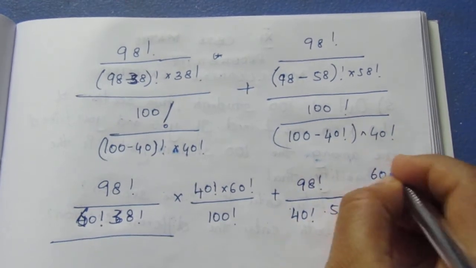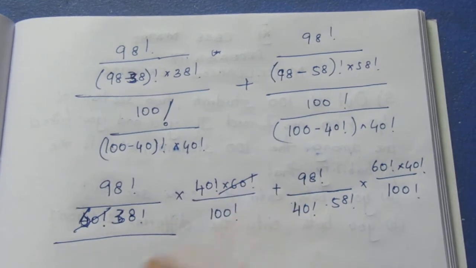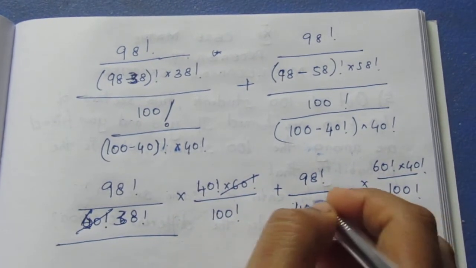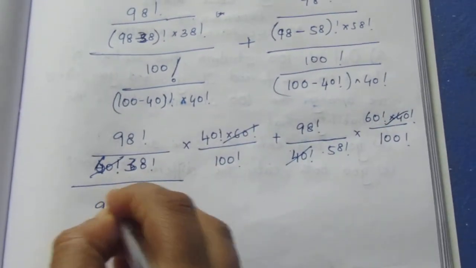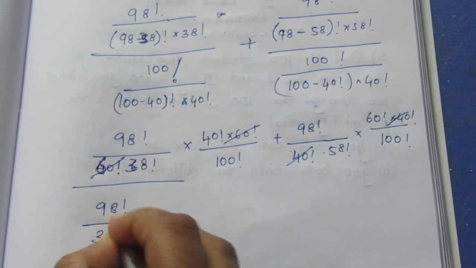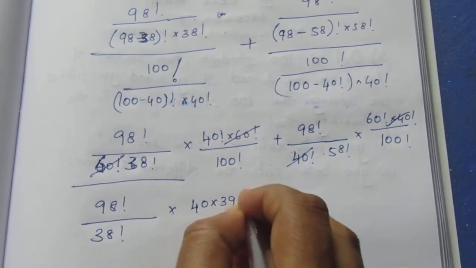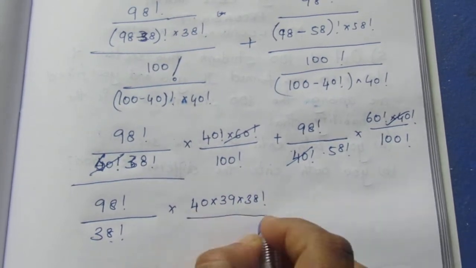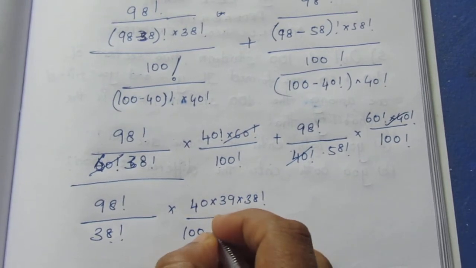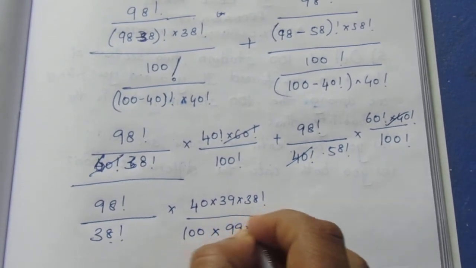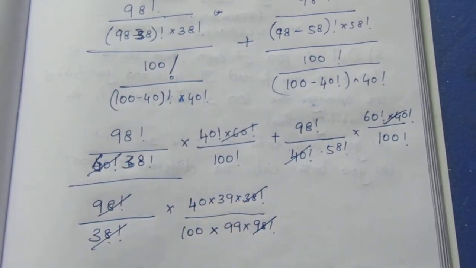Here it becomes 60 factorial into 40 factorial. We can cancel this 60 factorial. Now 40 factorial I can write as 40 into 39 into 38 factorial, because we have 38 here. Remove the bigger one to the smaller one. So 100 into 99 into 98 factorial. Here 98 factorial will go off.